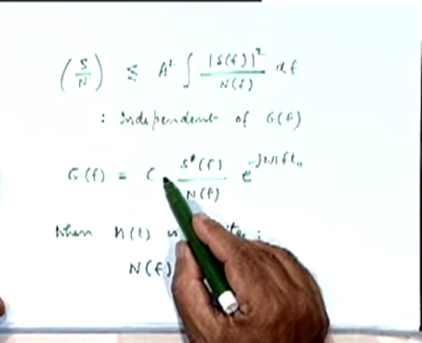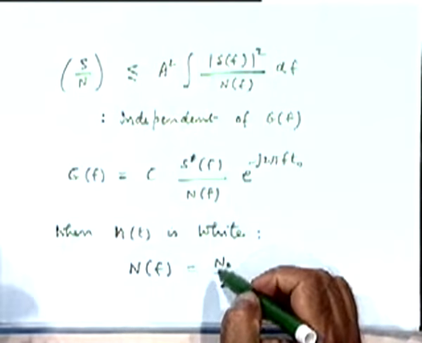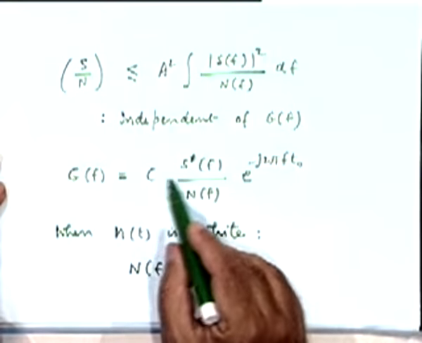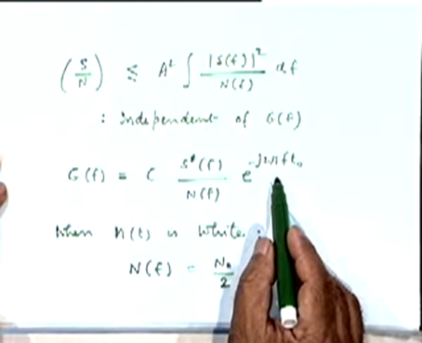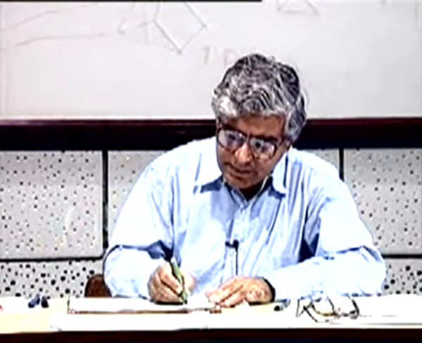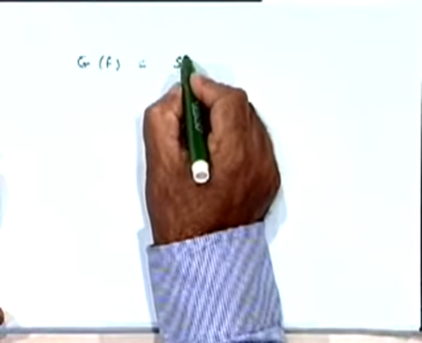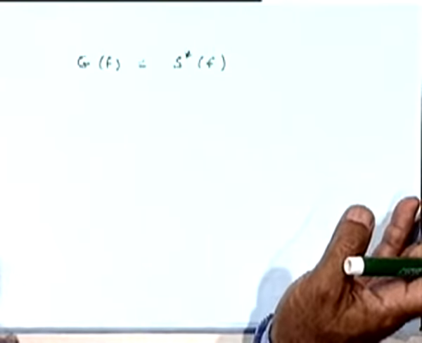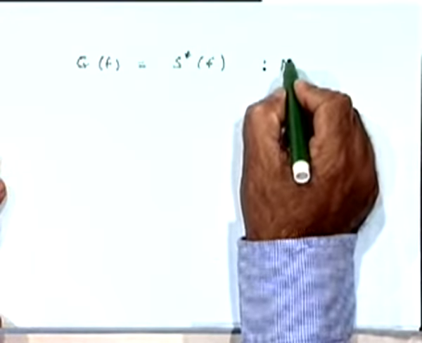It is C times S conjugate f upon N0 by 2. Since N0 by 2 is a constant, you can combine it with the constant C. So essentially it is equal to S conjugate f e to the power minus j2 pi f t0. In this case, the filter that you get is G(f), forgetting the constant, simply equal to S conjugate f, and if I take t0 equal to 0, that is all there is to it.